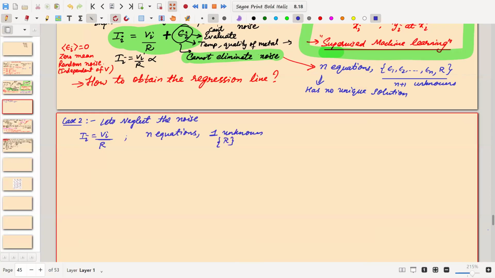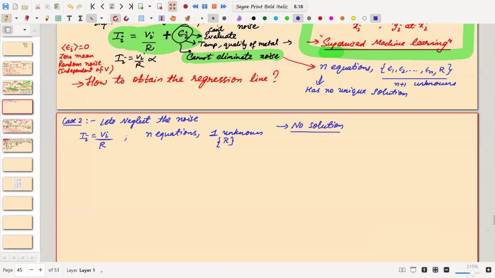No solution. Why? Because one equation will tell that this is R, another equation will tell that that is R, a third equation will tell you that is R. From every equation you are solving R. So you cannot have a single value of R. You need to find a single value of R which satisfies all of them, right? So here, no solution.